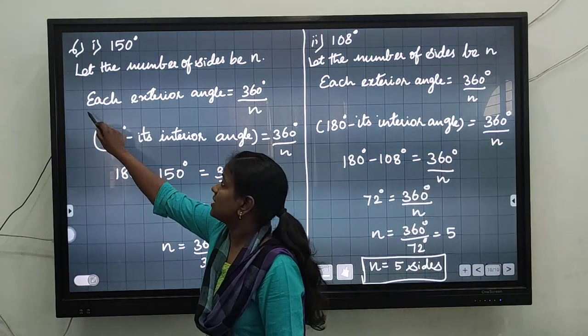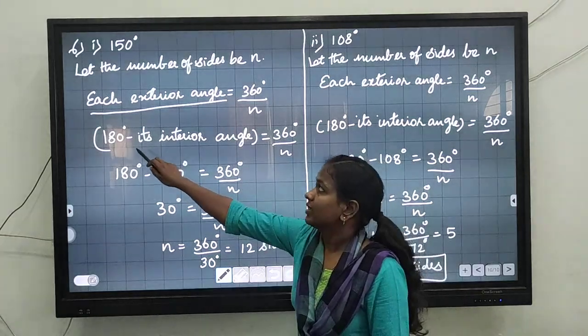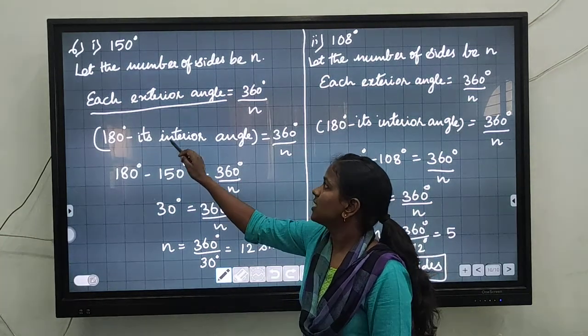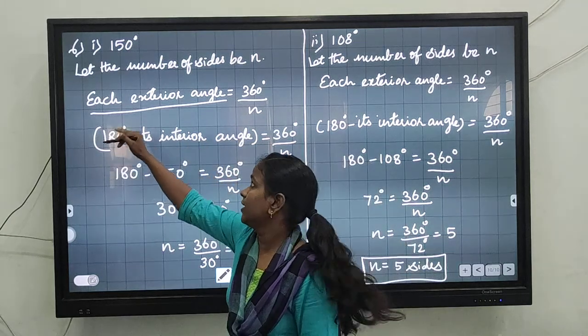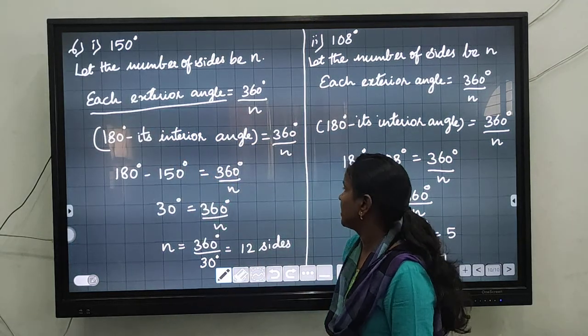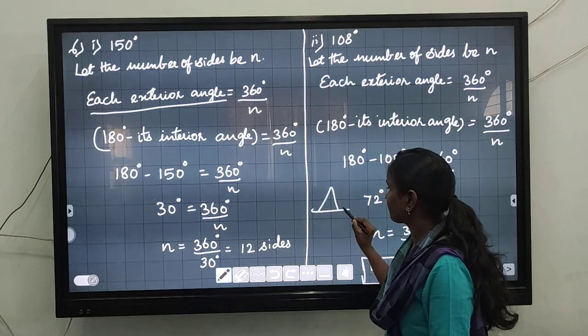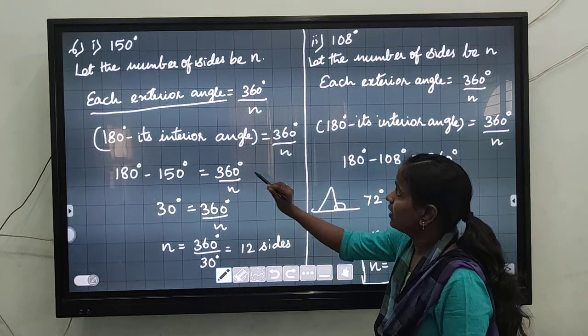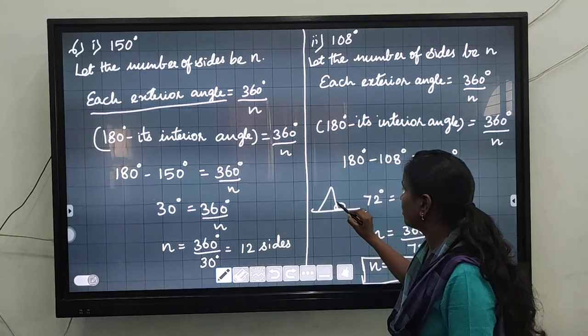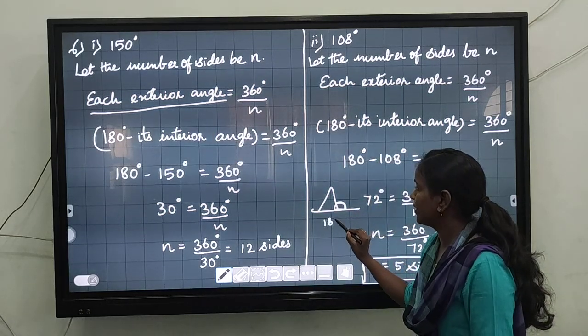Another formula is there: 180 degree minus its interior angle. If you subtract interior angle from 180 degree, you will get each exterior angle. Same figure: this is the interior angle, this is the exterior angle. To find the exterior angle, you have to subtract the interior angle from 180 degree.